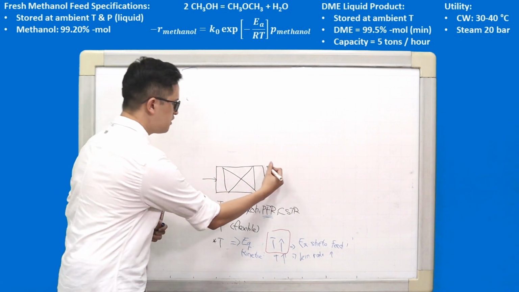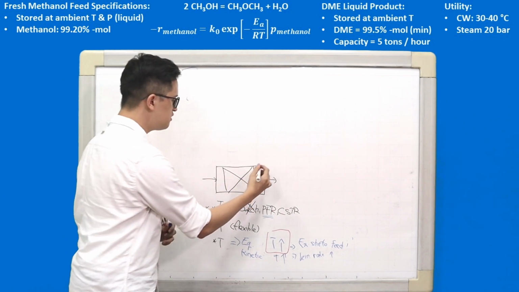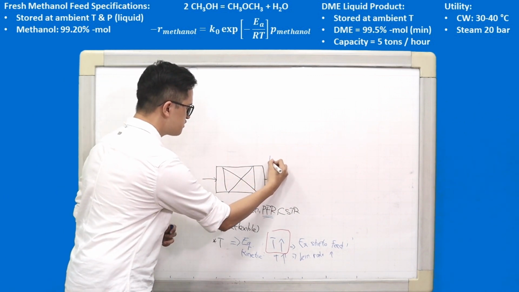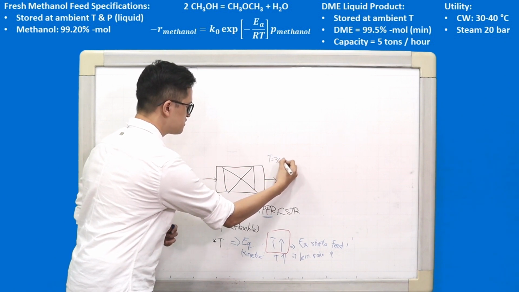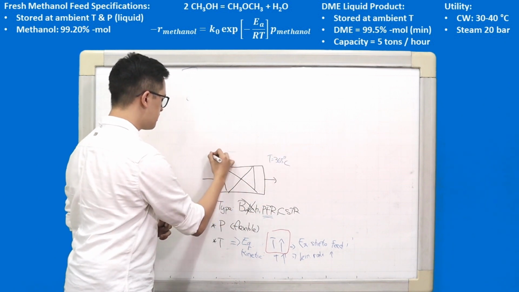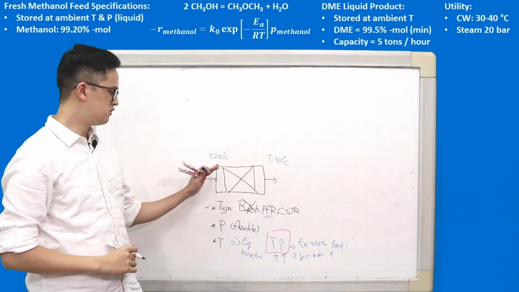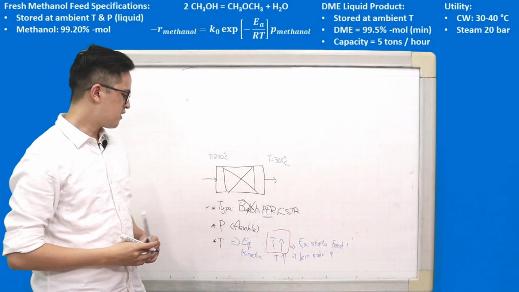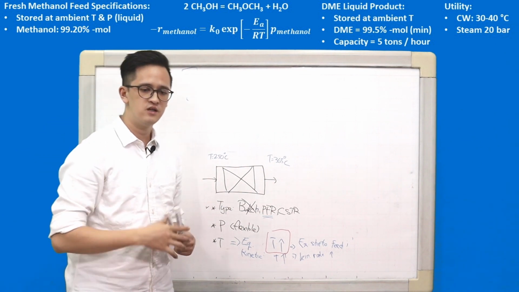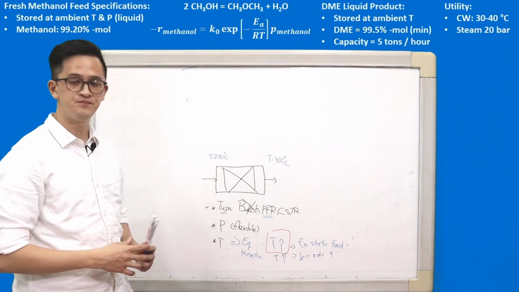It will be designed in such a way that the temperature will exit at about 365 degrees C, and it will enter at about 250 degrees C. That increase will happen because of the heat generated by the exothermic reaction.